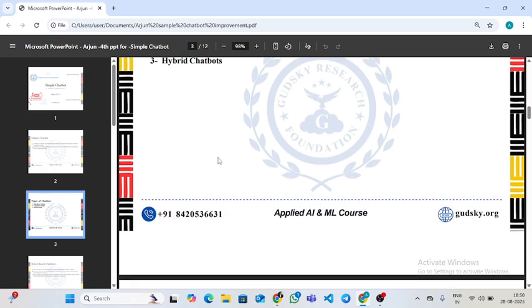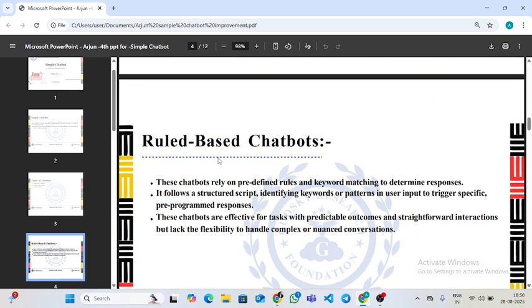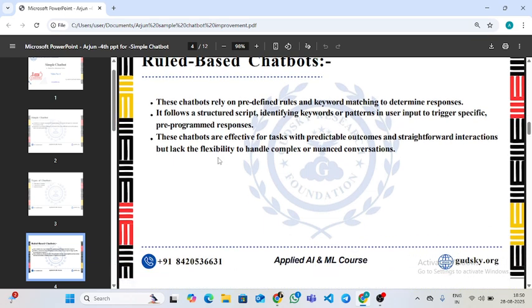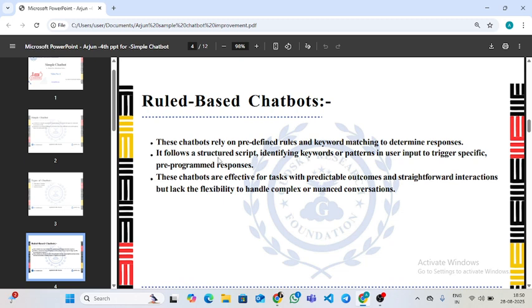First of all, the rule-based chatbot. This is the first type of chatbot. These chatbots rely on predefined rules and keyword matching to determine responses. It follows a structured script, identifying keywords or patterns in user input to trigger specific pre-programmed responses.